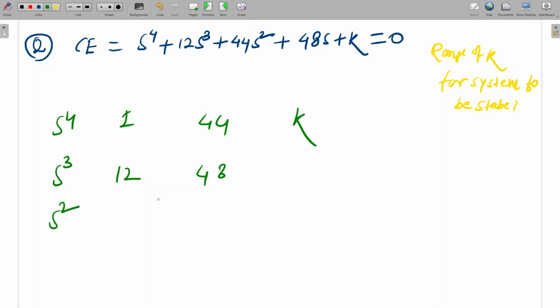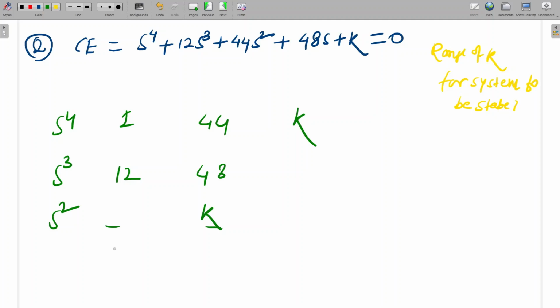So what is the s square value? What will this value be? This will be k, correct? What will this value be? We can calculate 12 into 44, minus 48, divided by 12.